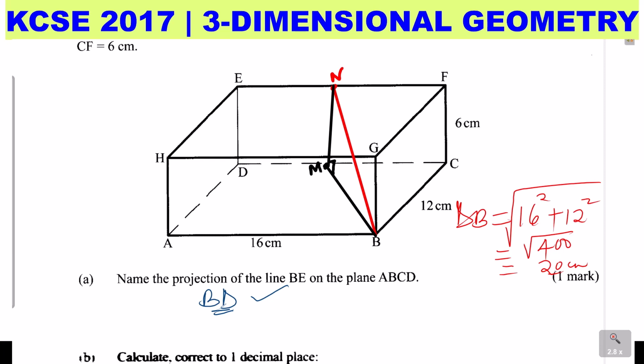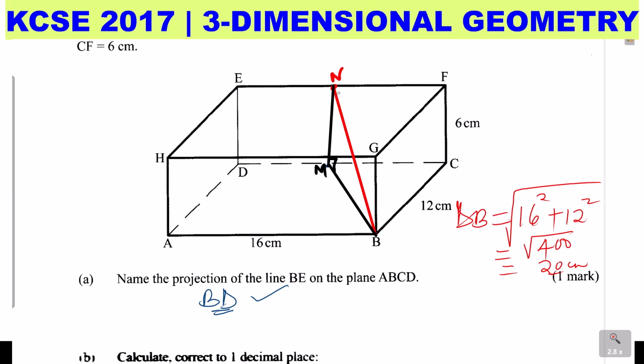Let me draw it properly like this. It's supposed to be like that. So this is 90 degrees, and this point is the midpoint of DC as well. So M will be the midpoint of DC, and N is the midpoint of EF.